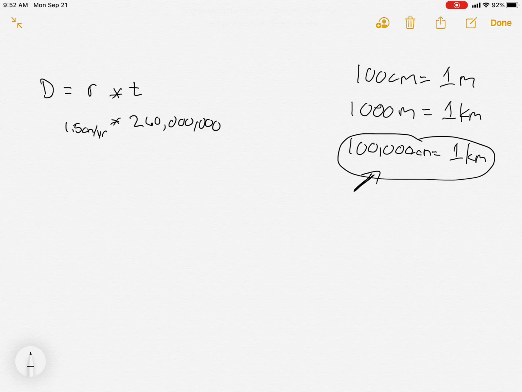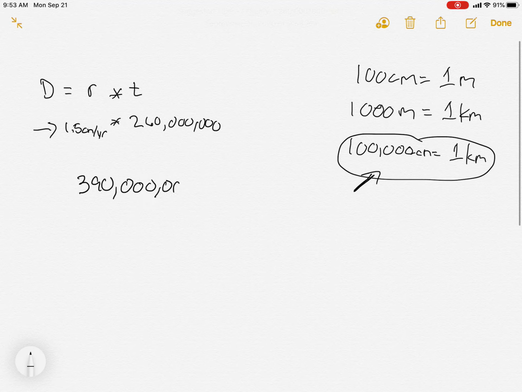So I can either convert this before I multiply, or I can do it after. So let's do it after just to see if we can make that work. So all we're going to do is 1.5 is going to get multiplied by 260 million. And I get 390 million. Okay, and this is in centimeters.